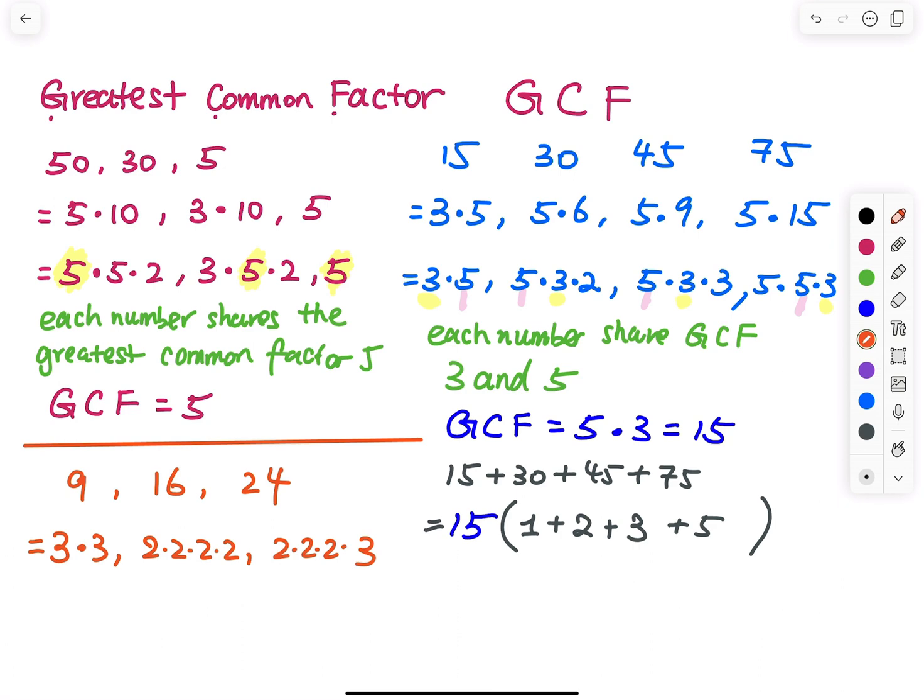Do they share any factor in common? Do they share 2? I don't think so, there is no 2 in the 9. Do they share 3? You have a 3 here and a 3 there, but there is no 3 in the 16.